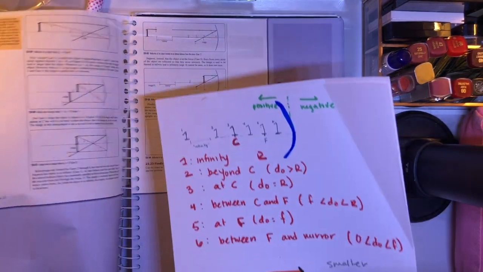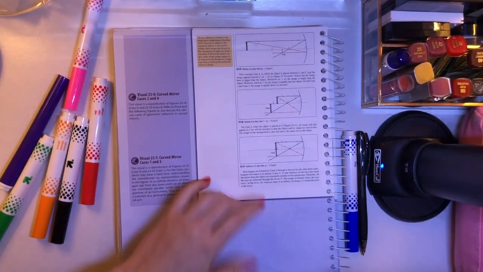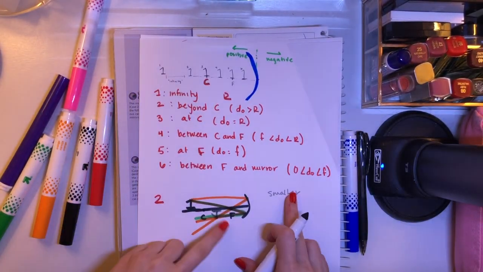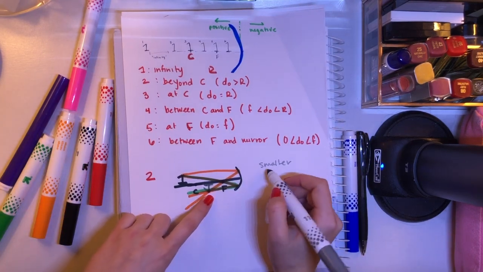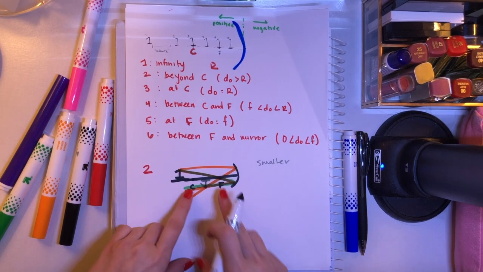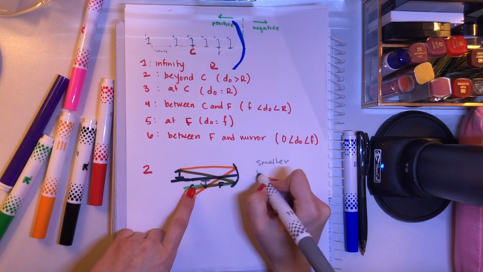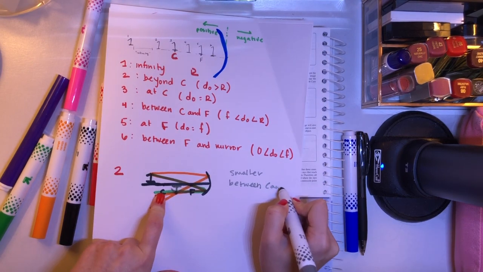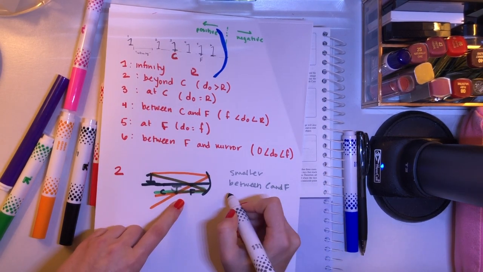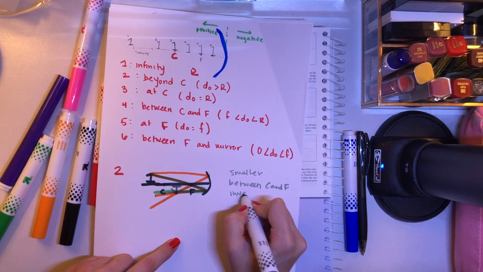Just wanted to draw it out for you so that you could see how it looks. You have an image that's going to be smaller than the actual object. It's going to be closer to the mirror, and actually you can see it's between C and F, and it's also going to be upside down or inverted.